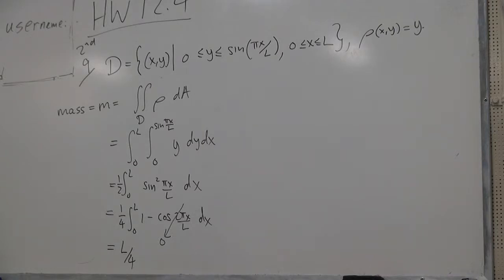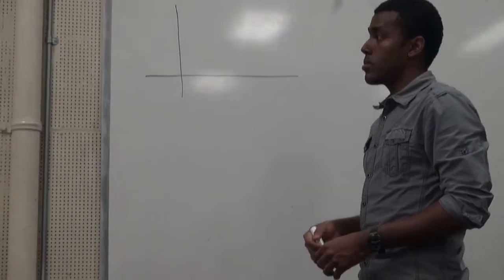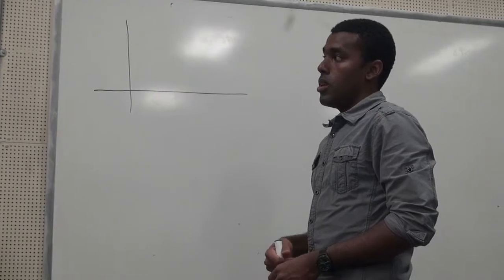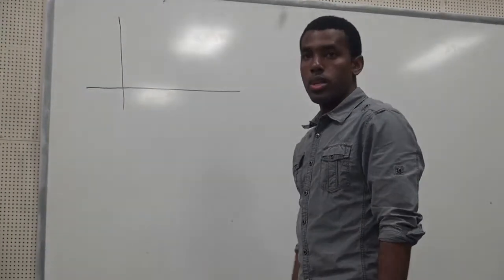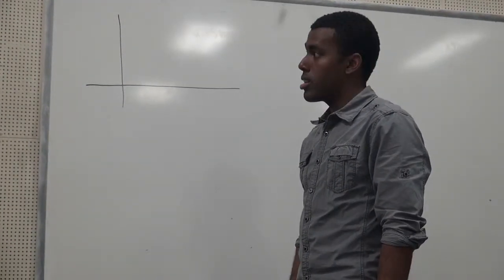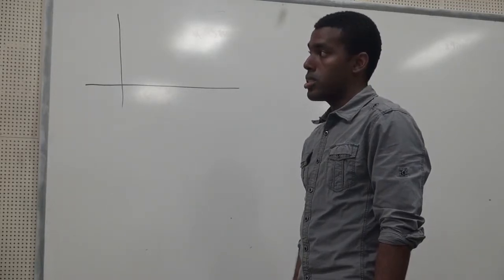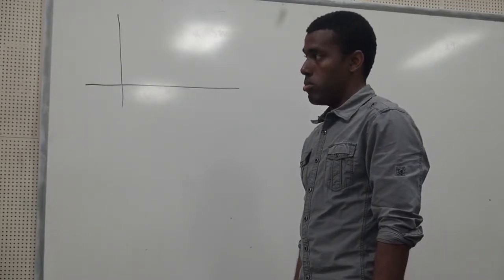By the way, what does this thing look like? If you graph D, what would it look like? When x equals L, what do you get? Sine of pi, which is 0.